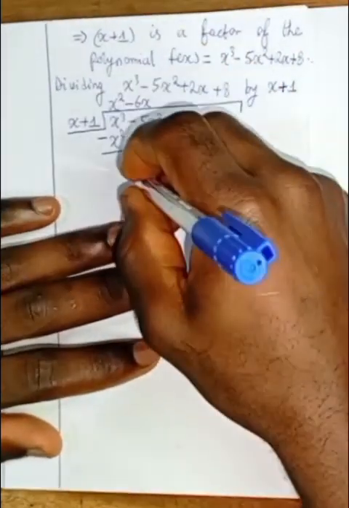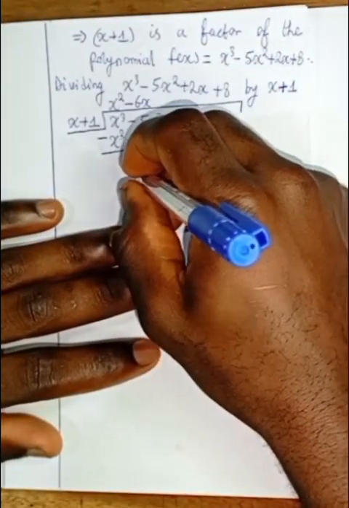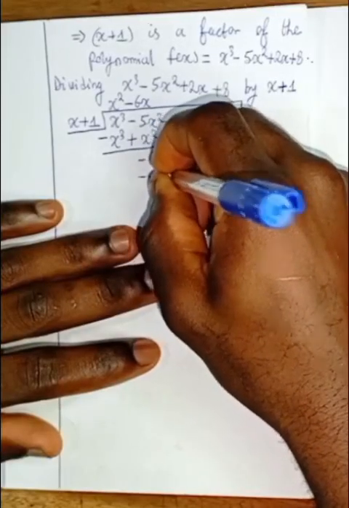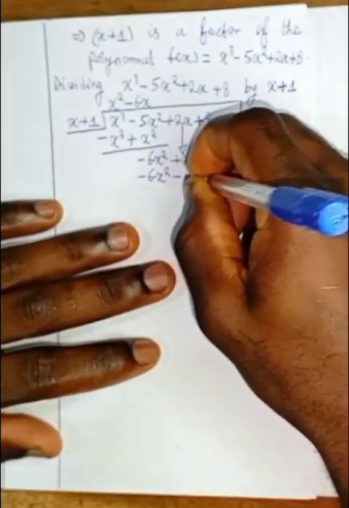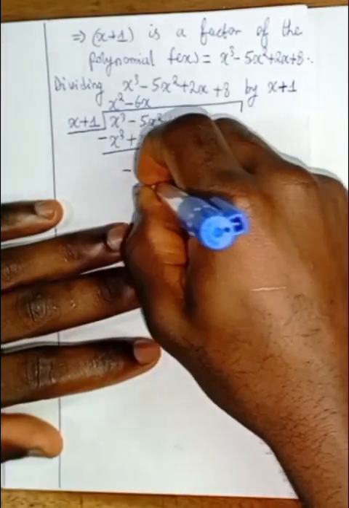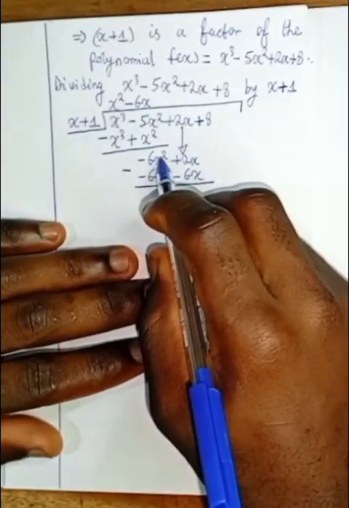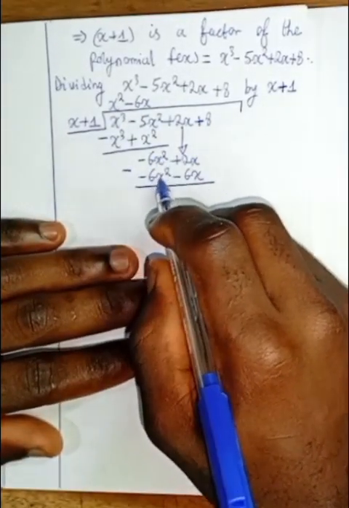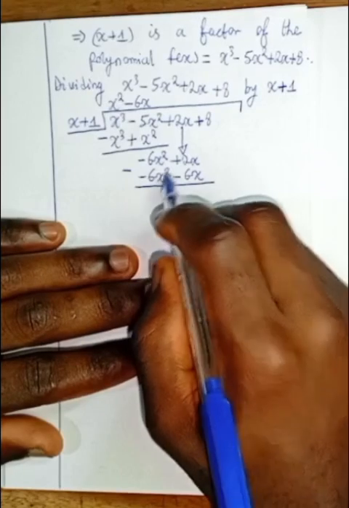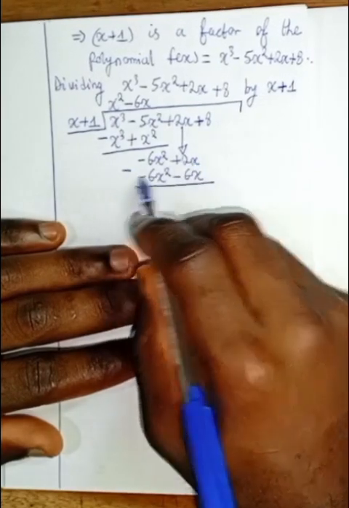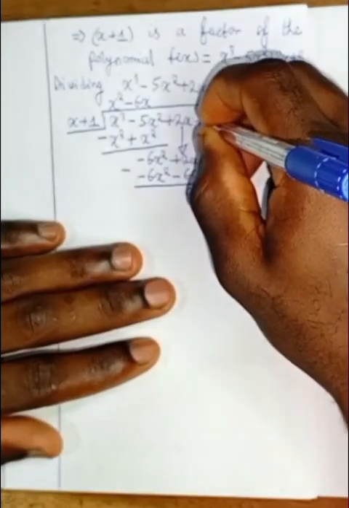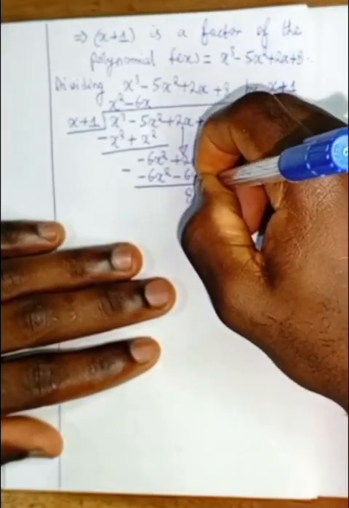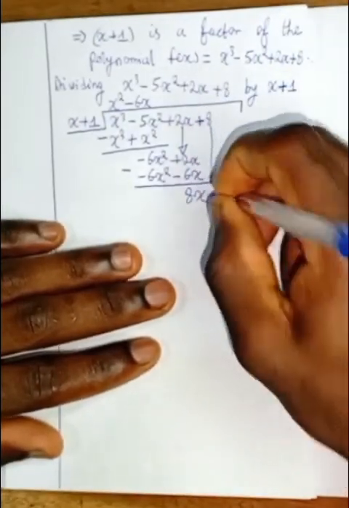Negative 6x times x gives us negative 6x squared. Negative 6x times 1 gives us negative 6x. Then we subtract. Negative 6x squared minus negative 6x squared gives us 0. 2x minus negative 6x gives us 8x. Then we bring down plus 8.